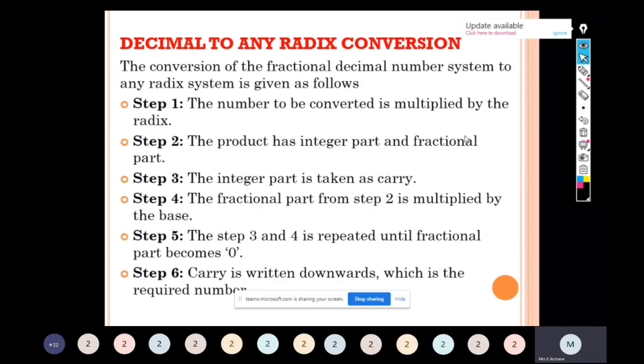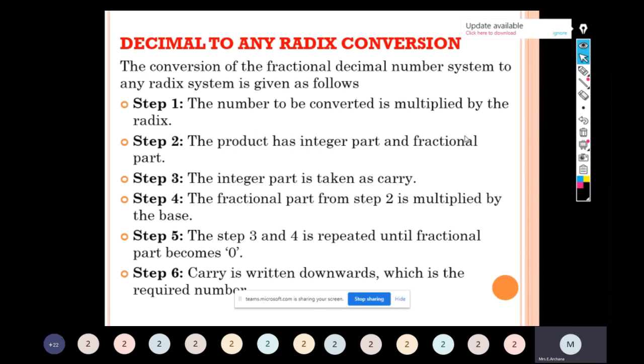For fractional decimal to any radix, the given number is multiplied by the given radix. The obtained product will have an integer part as well as a fractional part. The integer part is taken as a carry. The fractional part proceeds to the next step and is multiplied by the base.